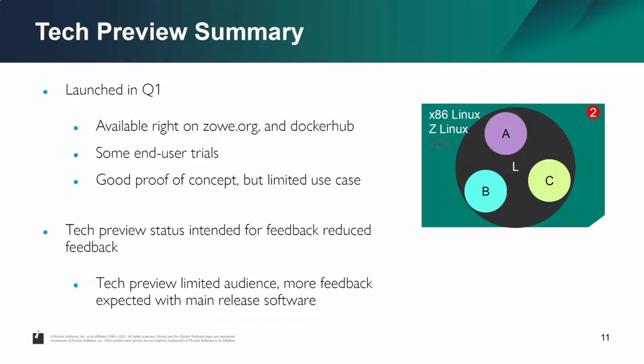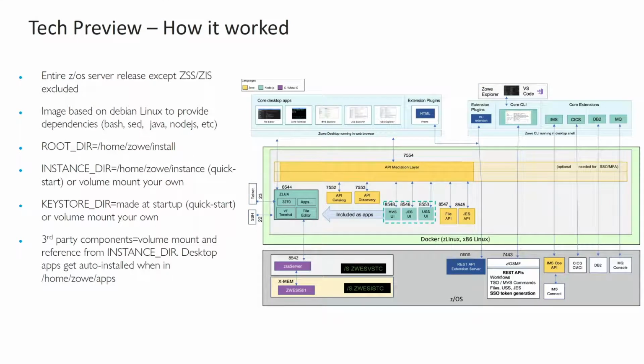We didn't get around to zCX yet, and things like key rings are still in the works. But the ultimate fate of it is that we didn't get too much feedback. All the feedback that we got was positive, but the feedback was limited due to it being called a tech preview, and people wanted to wait for the general availability release.